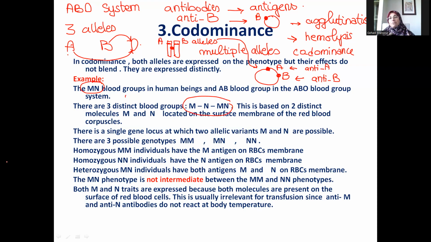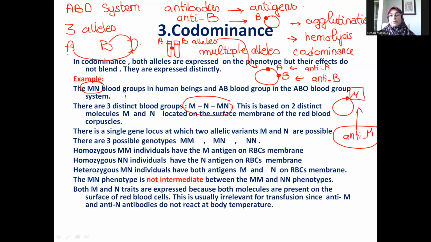So if you have antigen M on your red blood corpuscle and you receive plasma containing anti-M, there is no risk of antigen-antibody reaction, and therefore no risk of agglutination or hemolysis, because they do not interact at the normal body temperature.